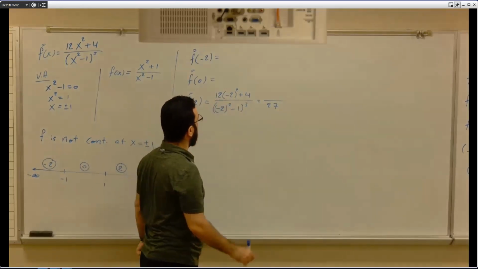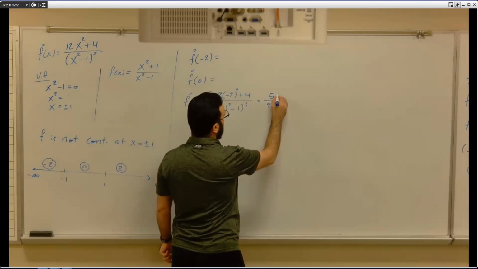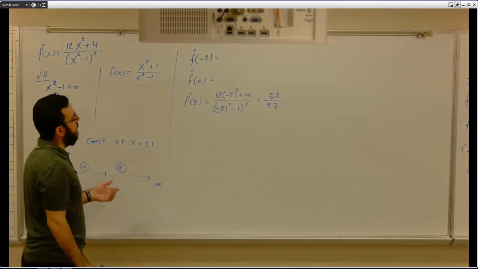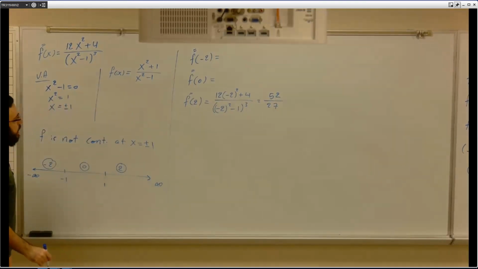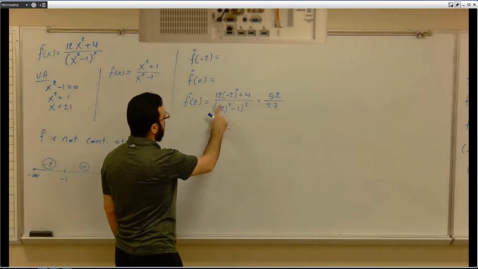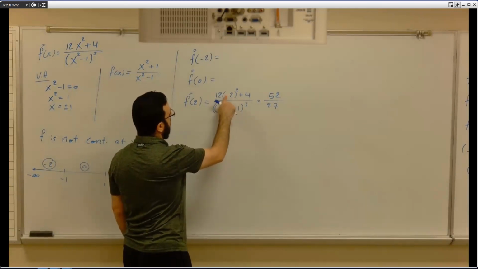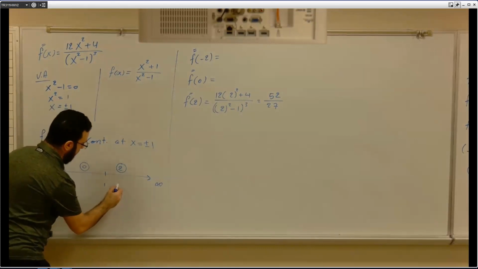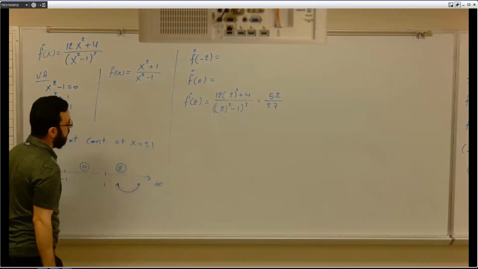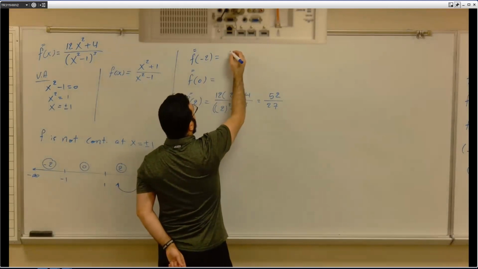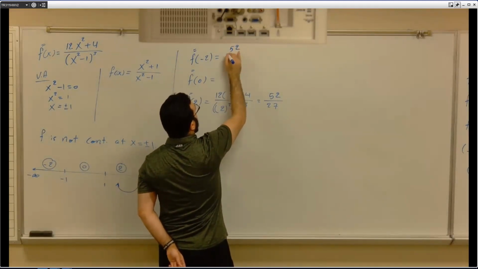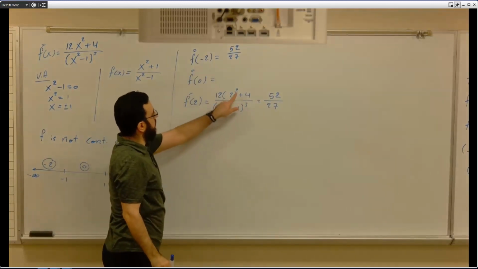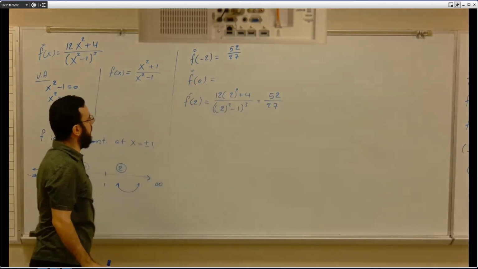So the numerator is 52. So 52 over 27 is a positive number. That means it is concave up. This is for the 2. The same thing here, also 52 over 27, because -2 squared cancels for the same result.